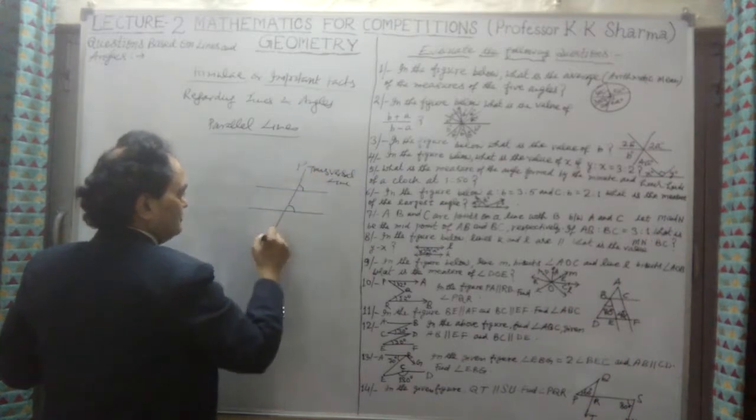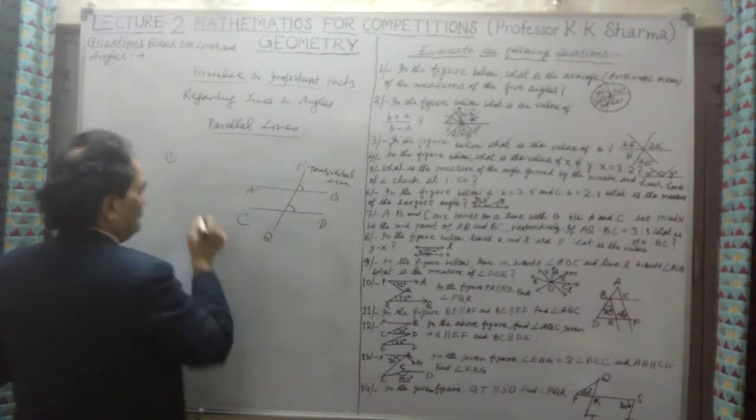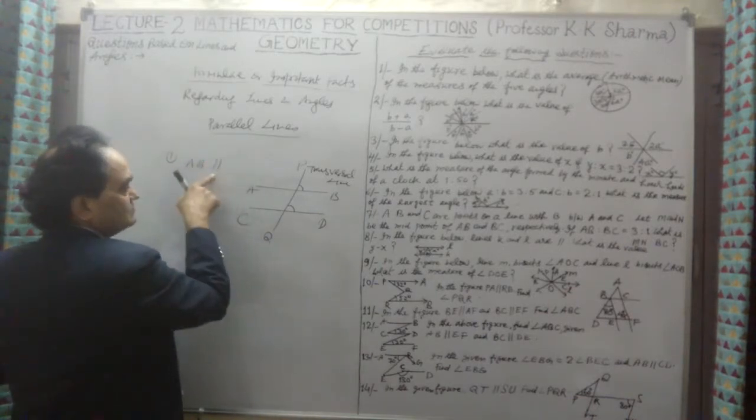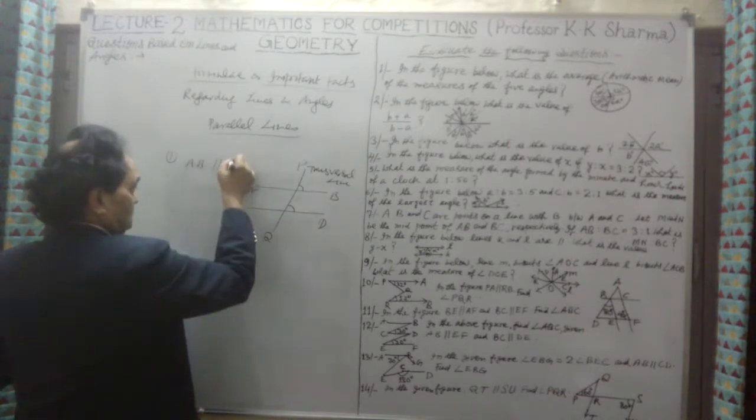So this is PQ here. This is AB. This is CD. So AB is parallel to CD, this is the parallel symbol for parallelism.